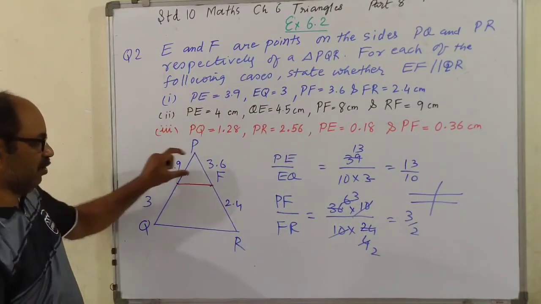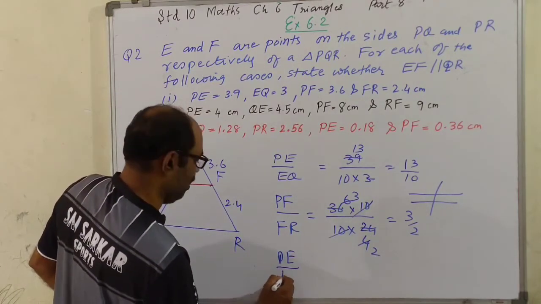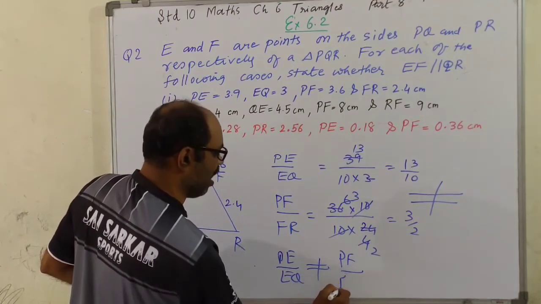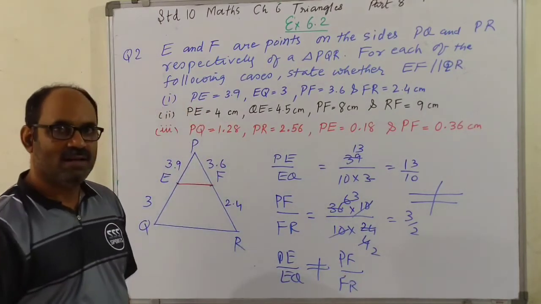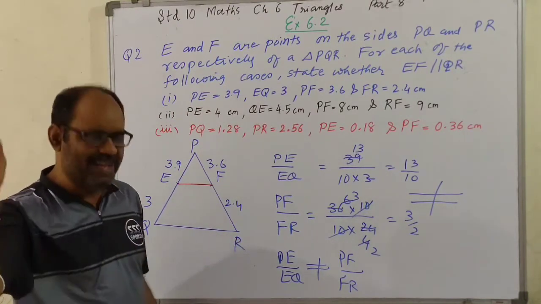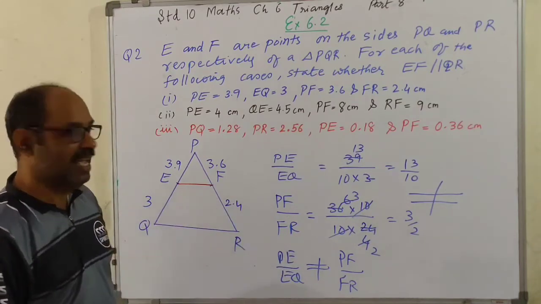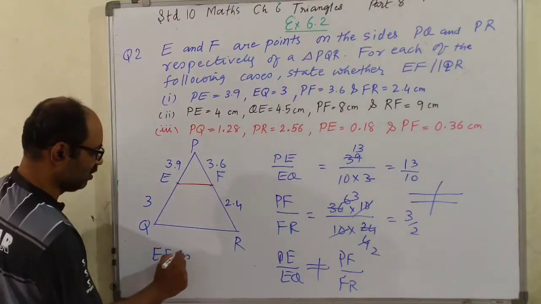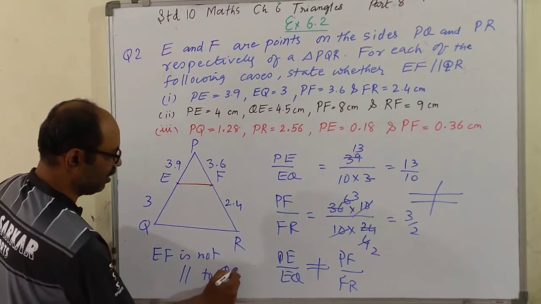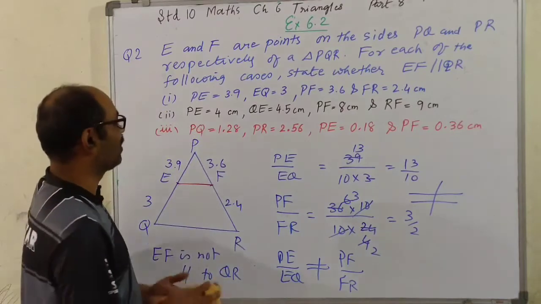So PE upon EQ is not equal to PF upon FR. Children, if one of these 5 ratios is not equal, the remaining 4 also would not be equal, so don't worry about that. So here you can say EF is not parallel to QR. Is that clear? That was case 1.